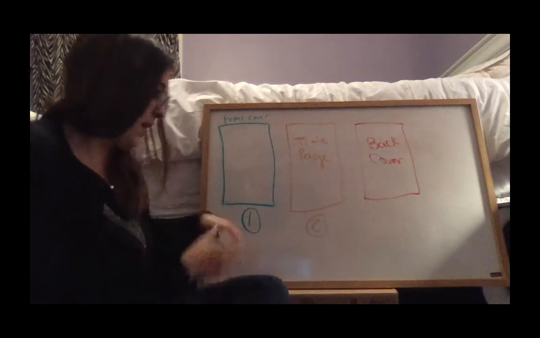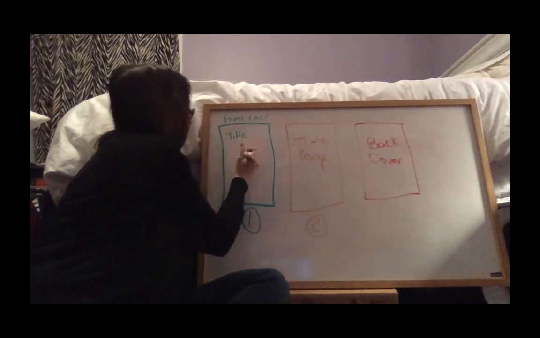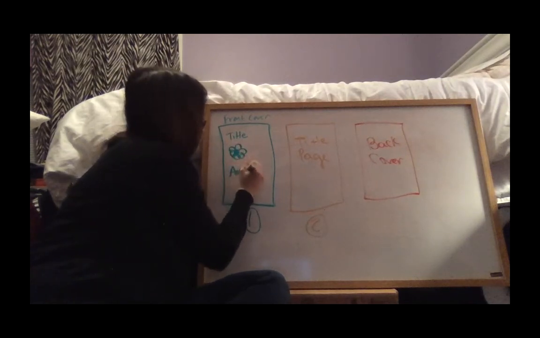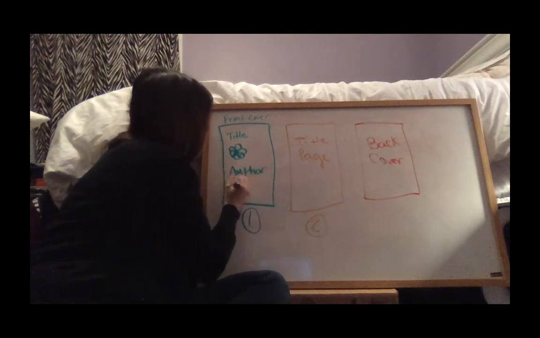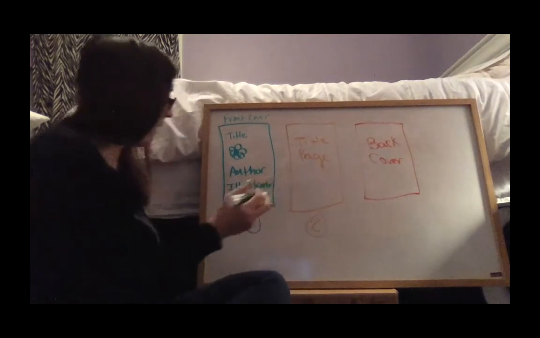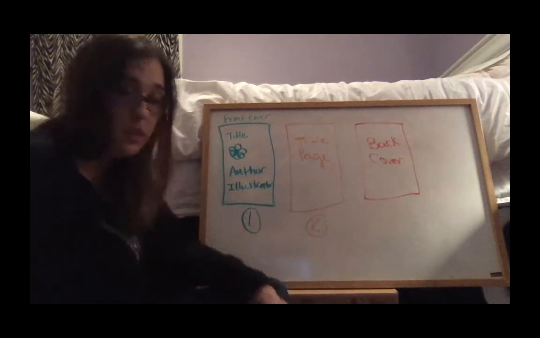All right, you're going to have your title of your book. You're going to have your picture. Let's draw another flower. You're going to have your author's name and the illustrator. Good job. All right, who can raise your hand and tell me what we find on the title page of our book?